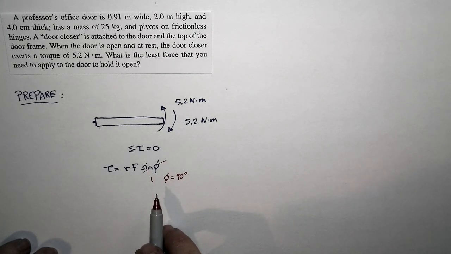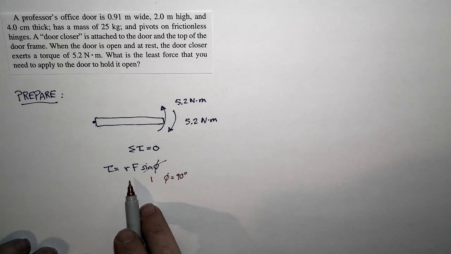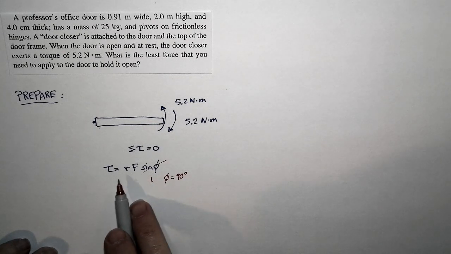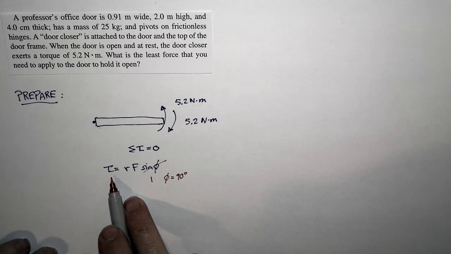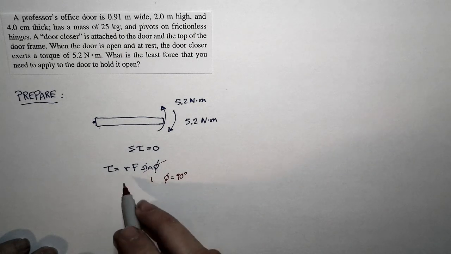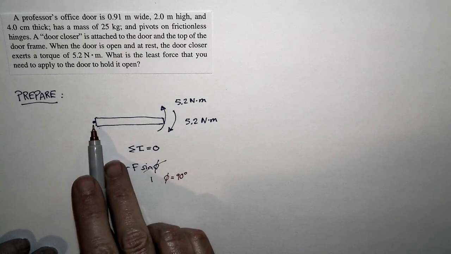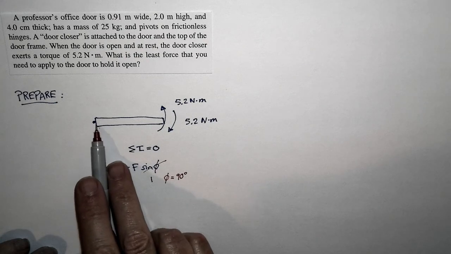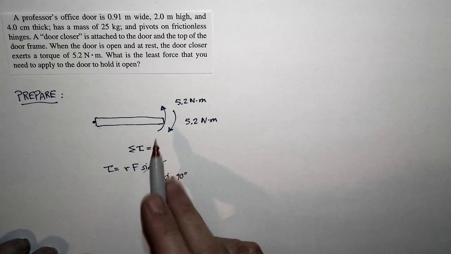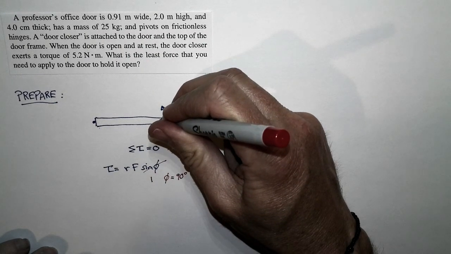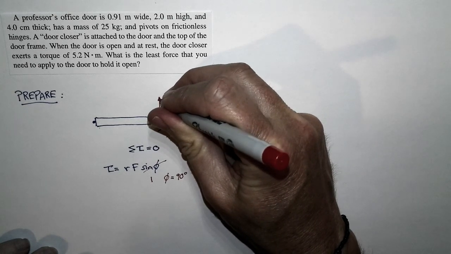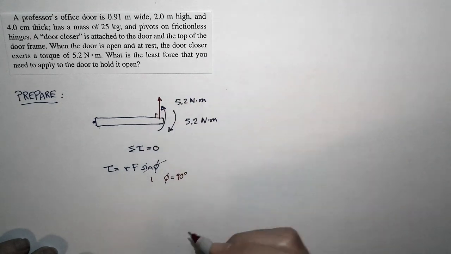The other thing we want to be true, if I want to have the smallest possible force to produce this torque of 5.2 Newton meters, I want to have my distance be as big as possible. Well, if I'm pushing this door, the farthest I can be from the hinge is at the very outside edge of the door. So clearly, I want to push perpendicular to the door at the far outside edge of the door.